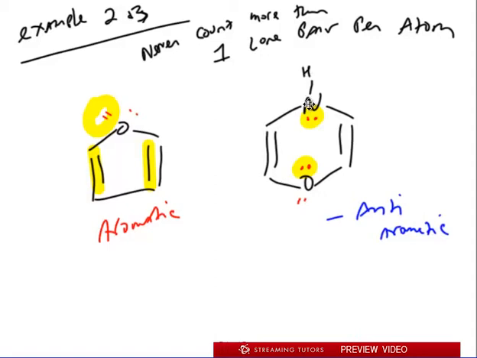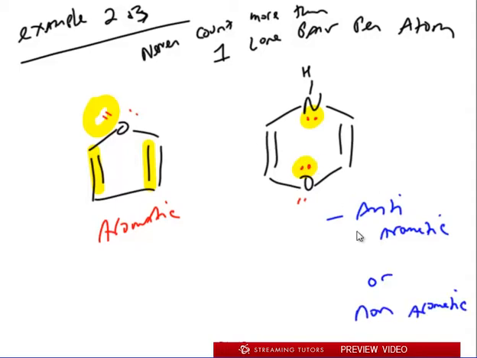Well, it turns out that atoms with lone pairs can avoid putting a lone pair into the system if it makes it anti-aromatic. So we are either going to say that this is anti- or non-aromatic. It depends upon the point of view.